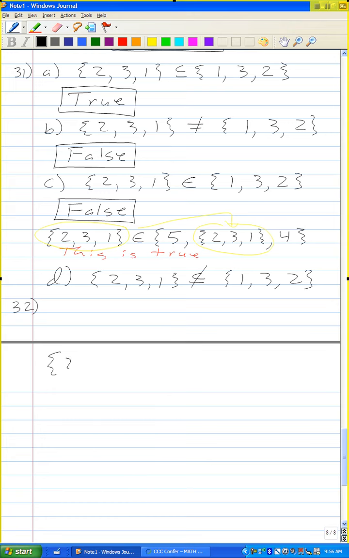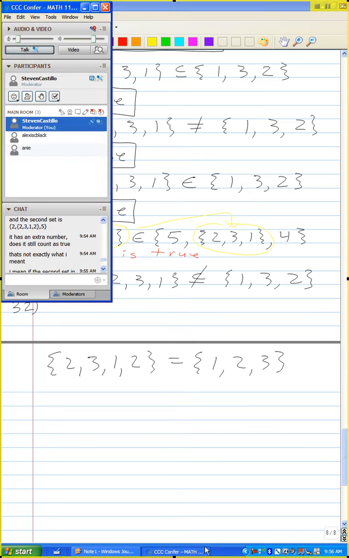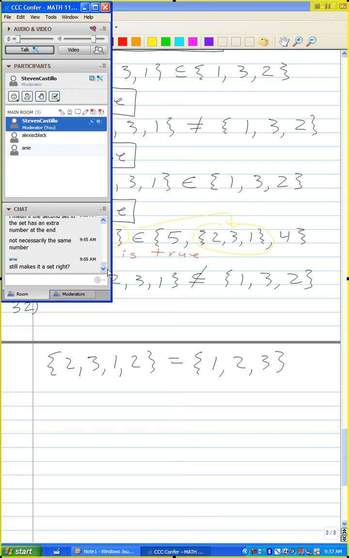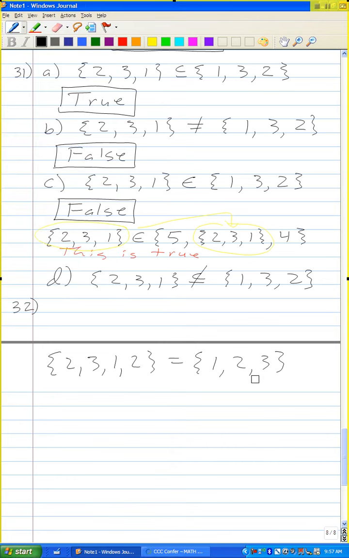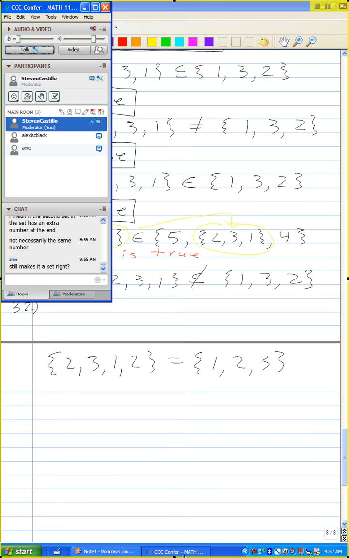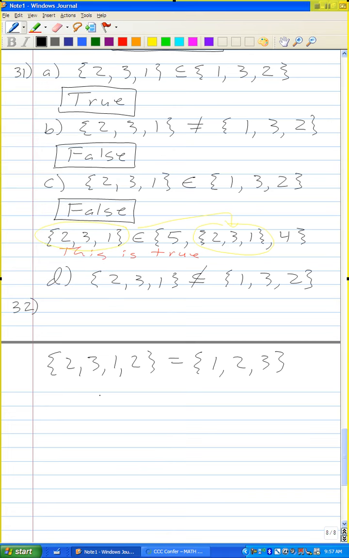Let's see, {2, 3, 1, 2} is the same as {1, 2, 3}. So these are both sets and they're both equal. Is that what you were asking? So these are both equal sets.